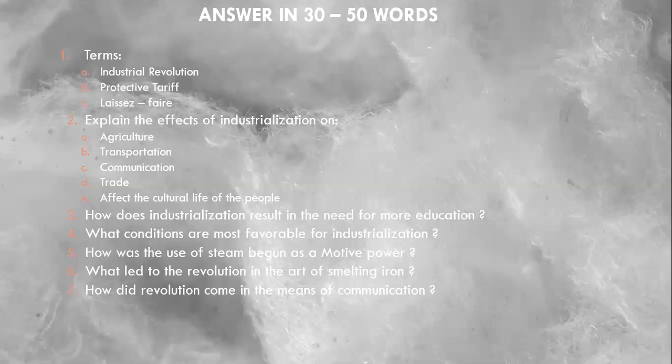How did revolution come in the means of communication? We've spoken about this initially, but that time we spoke about the effect of industrialization on communication. Now we are talking about the revolution in means of communication. So Morse invented the method of sending messages through telegraph wires.